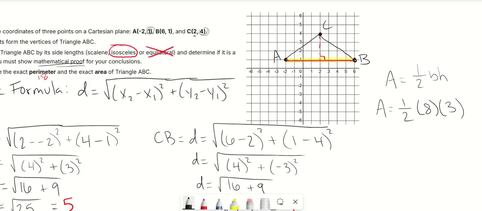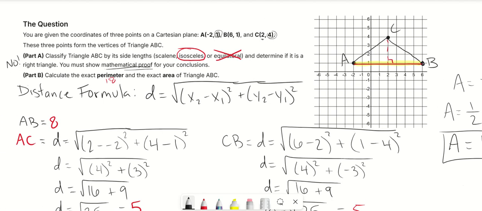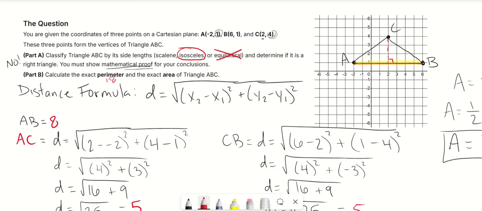The height is 3. One half of 8 is 4. 4 times 3 is 12. So the area of this triangle is 12 units squared.